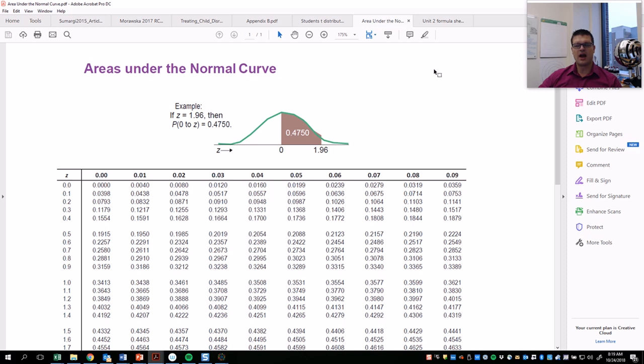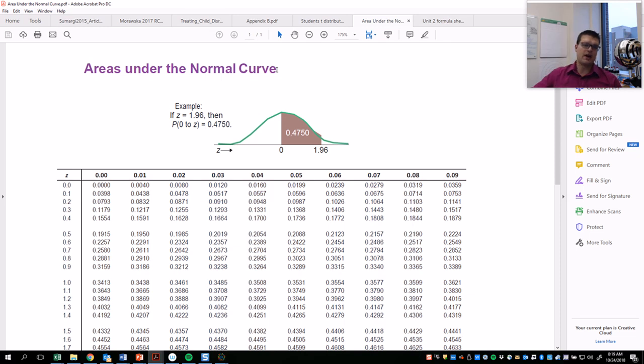In other words, 95% of the means of the samples will fall within this range. Or we've got a 95% confidence that the population mean actually falls within this range.